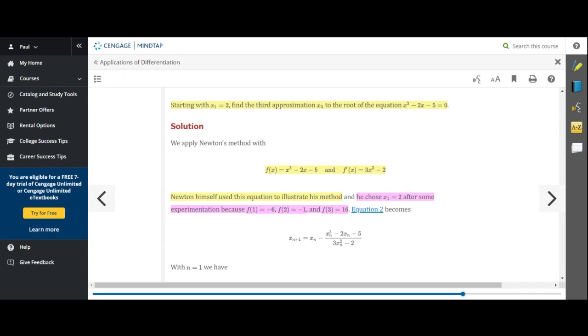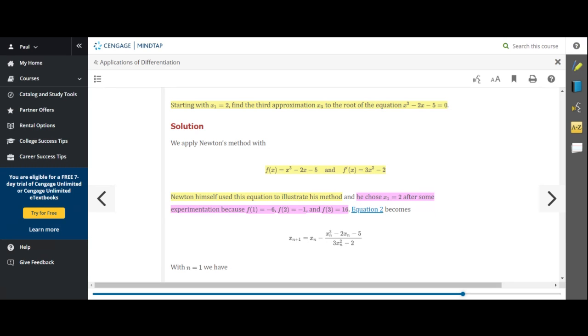Because f of 1 equals negative 6, f of 2 equals negative 1, and f of 3 equals 16. So f of 1 equals negative 6, which means at x equals 1 the function is below the x-axis. F of 2 equals negative 1, so when x equals 2 the function is still below the x-axis.